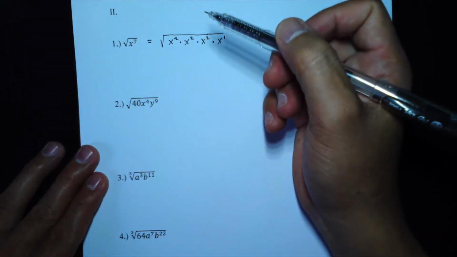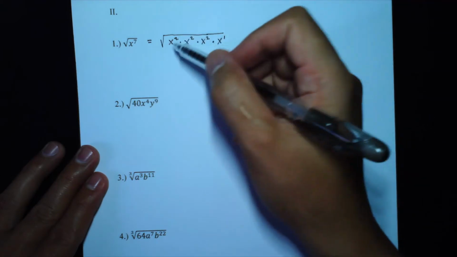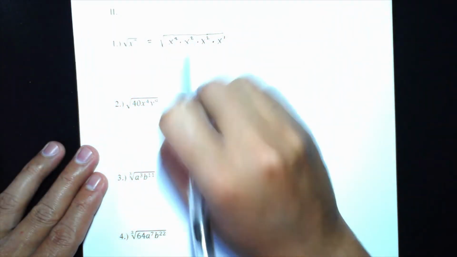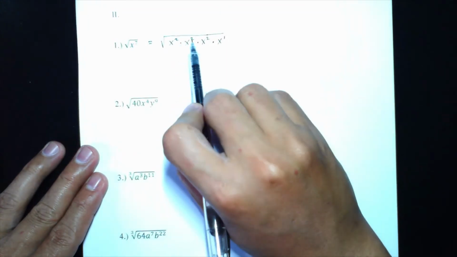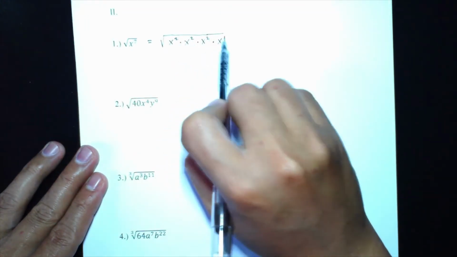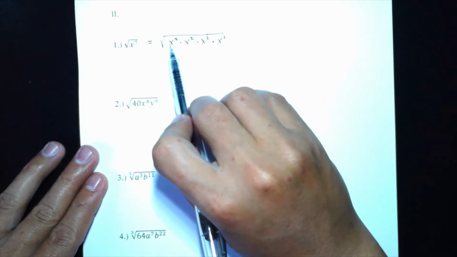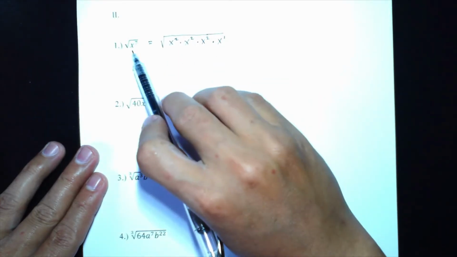Remember that when you are multiplying terms that have exponents, the exponents will be added. So that will be 2 plus 2 plus 2, that is 6, plus 1, that will be 7. So our factors are equivalent to x raised to 7.